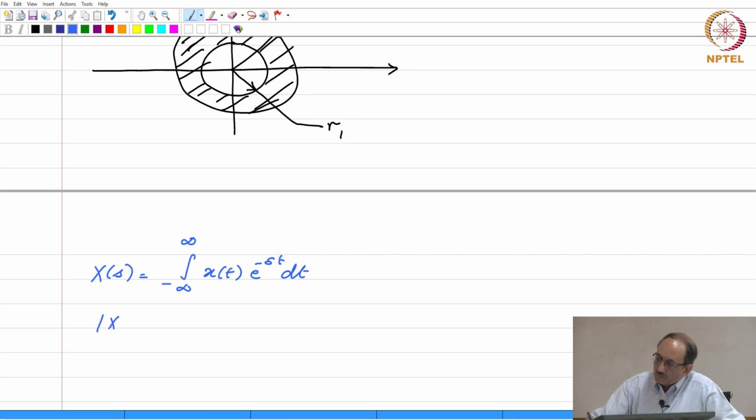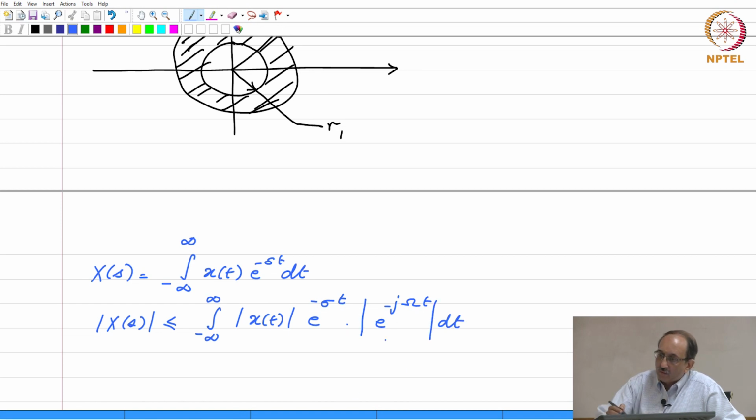Therefore, you required this to be less than or equal to mod x of t, and this was written as e to the minus sigma t e to the minus j omega t.